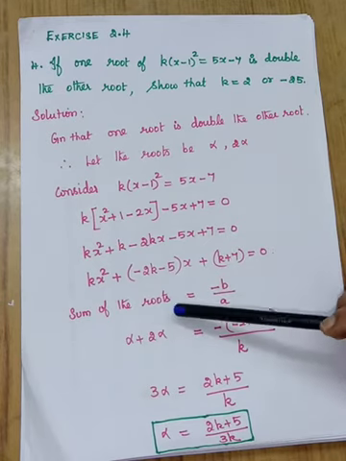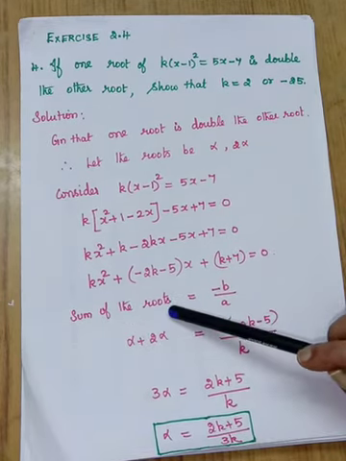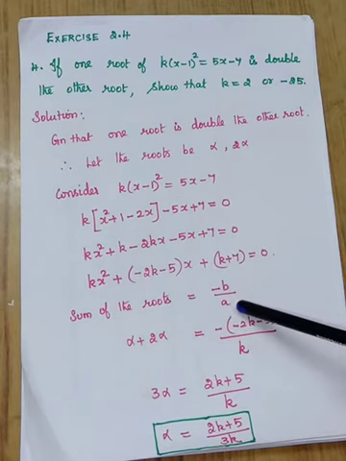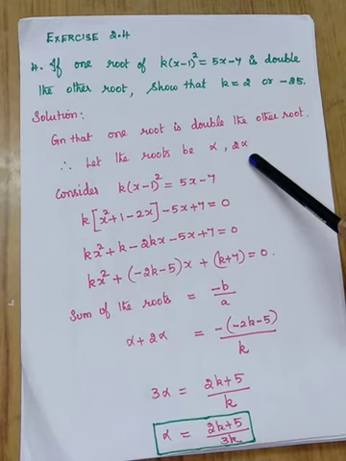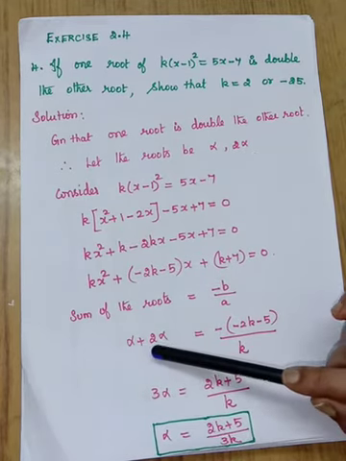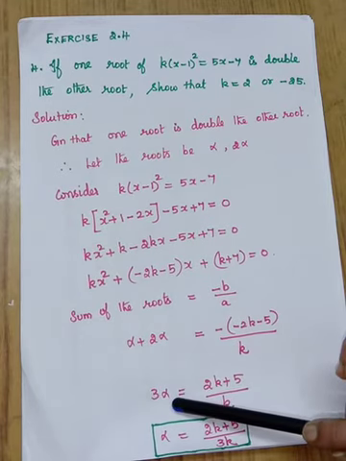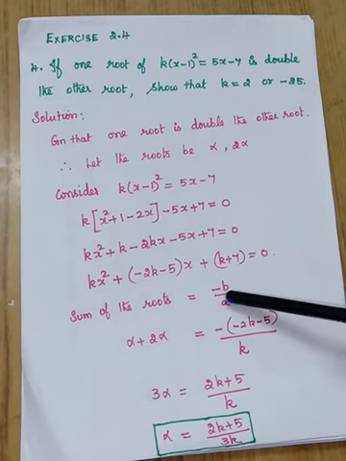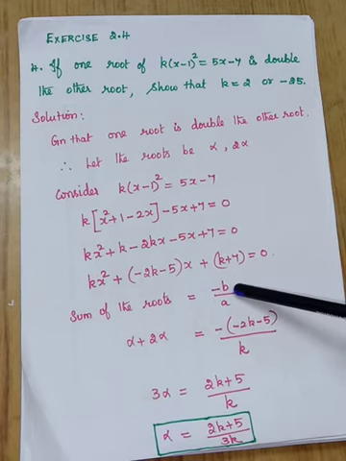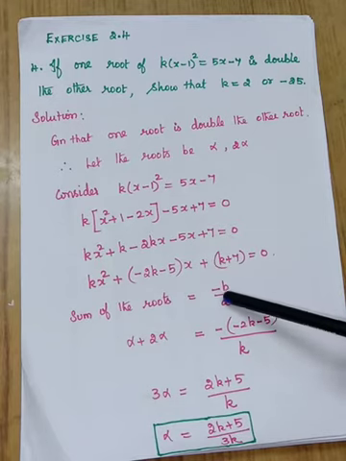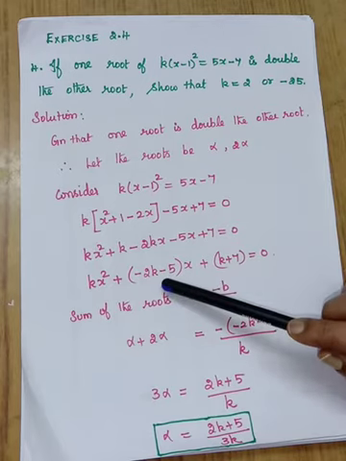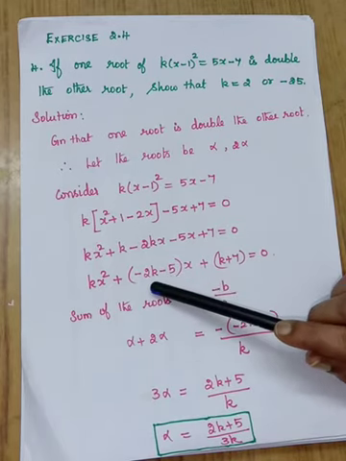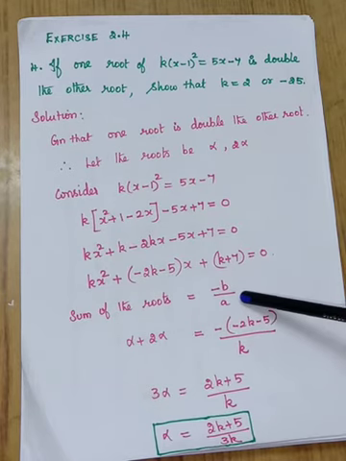So you know the formula: the sum of the roots of the quadratic equation is −b/a. Here what are the roots? Alpha and 2 alpha. When you add alpha + 2 alpha, that is equal to 3 alpha. Come to the right side. The formula is −b/a. What is b? b is the coefficient of x, which for this equation is −2k − 5, divided by a.